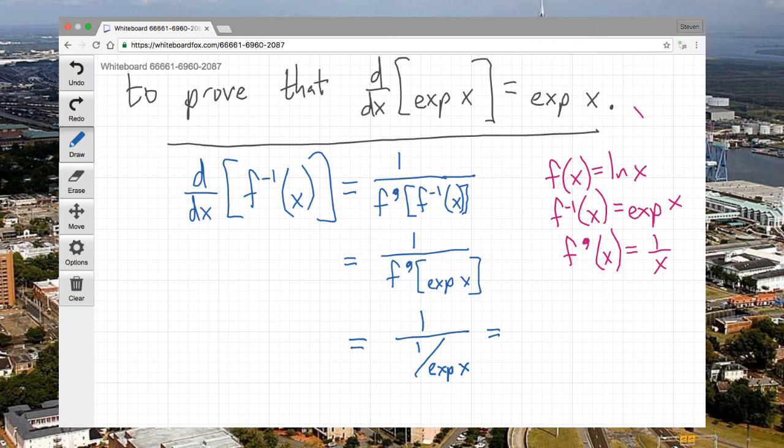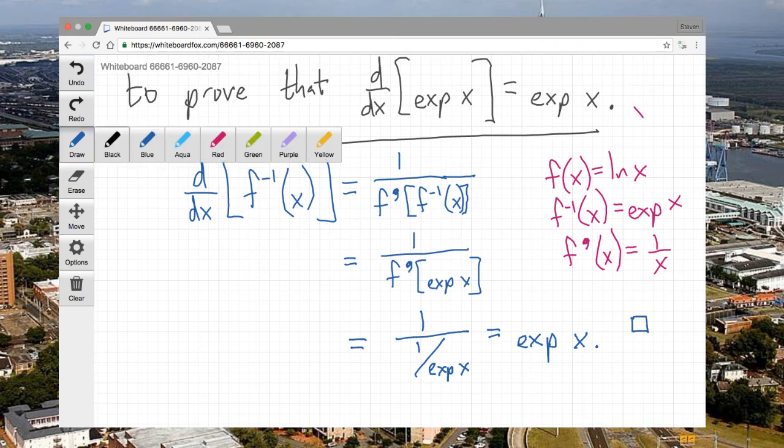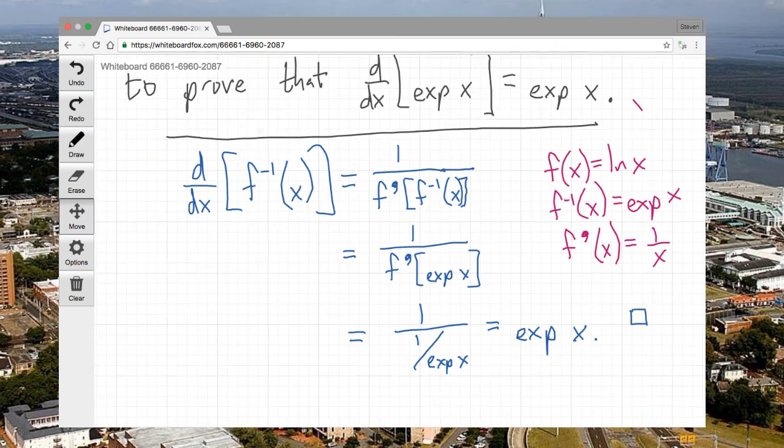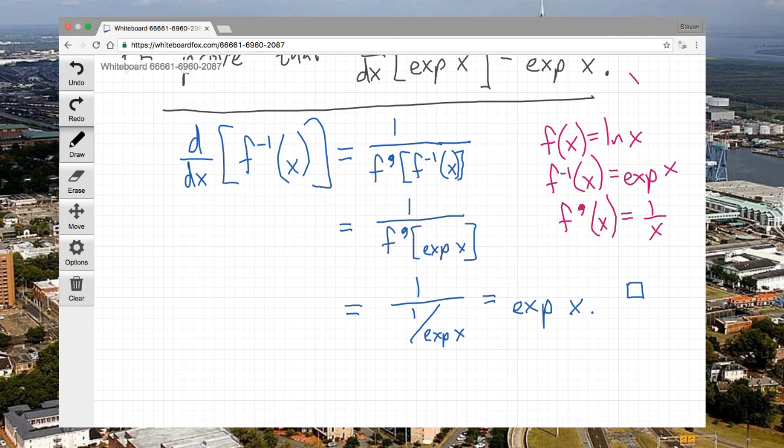And hey, if you're dividing it twice, you're just undoing yourself. 1 over 1 over exp of x is just exp of x. And that finishes the proof right there. Sometimes we draw a little black box to say we've finished a proof. But you don't have to do that, of course.